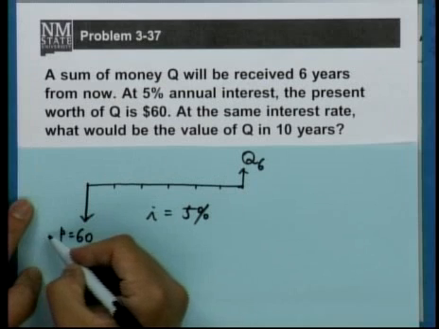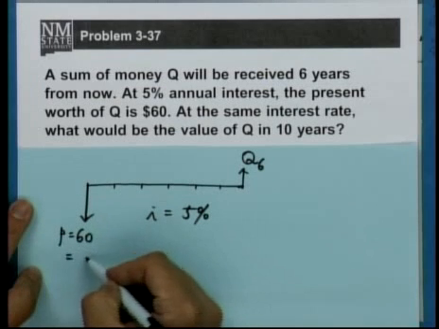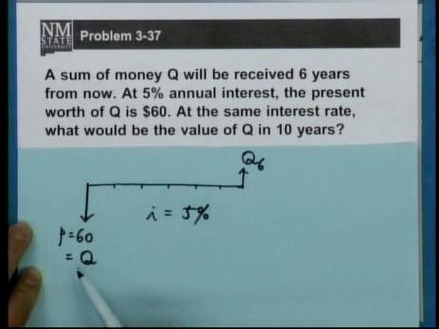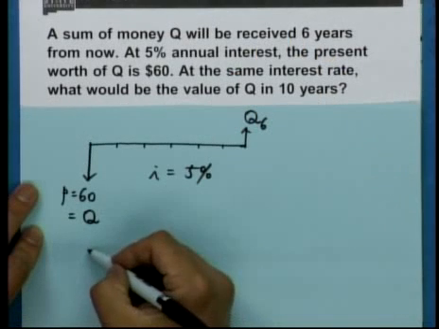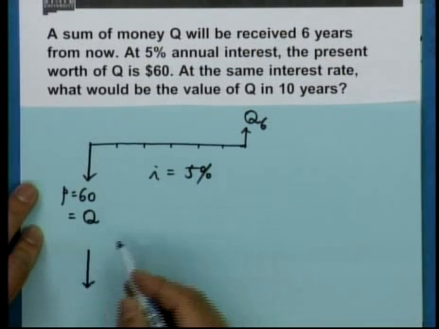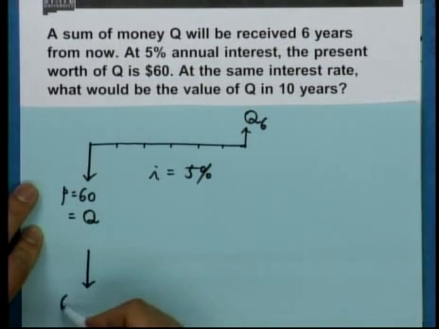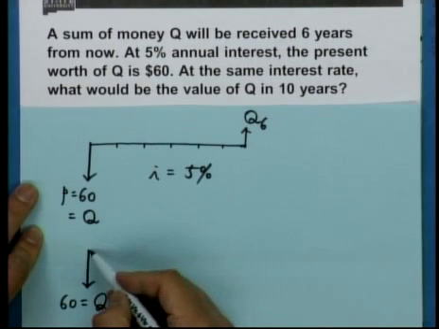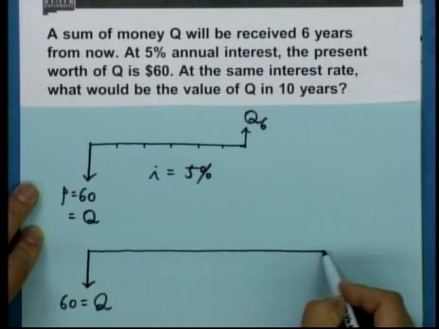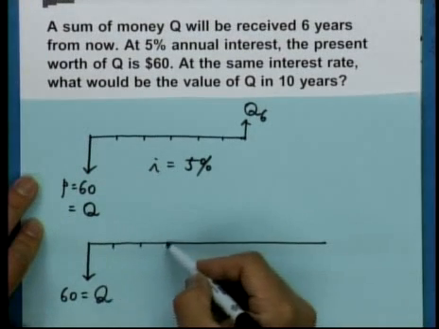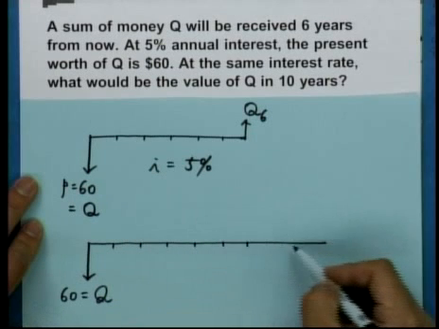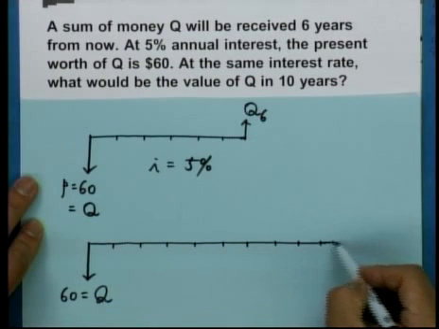Okay, this is actually Q, right? At the same interest rate, what would be the value of Q in 10 years? Okay, so this is the 60, which is equal to Q, right? After 10 years. So 1, 2, 3, 4, 5, 6, 7, 8, 9, and 10.